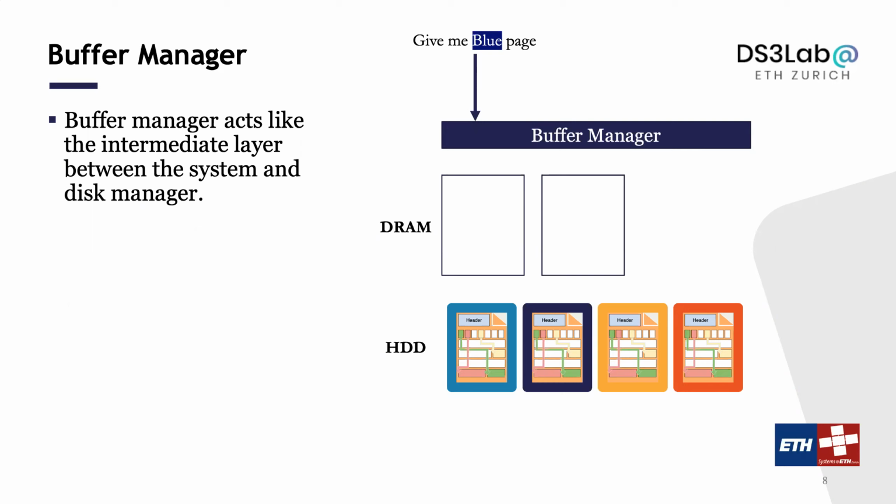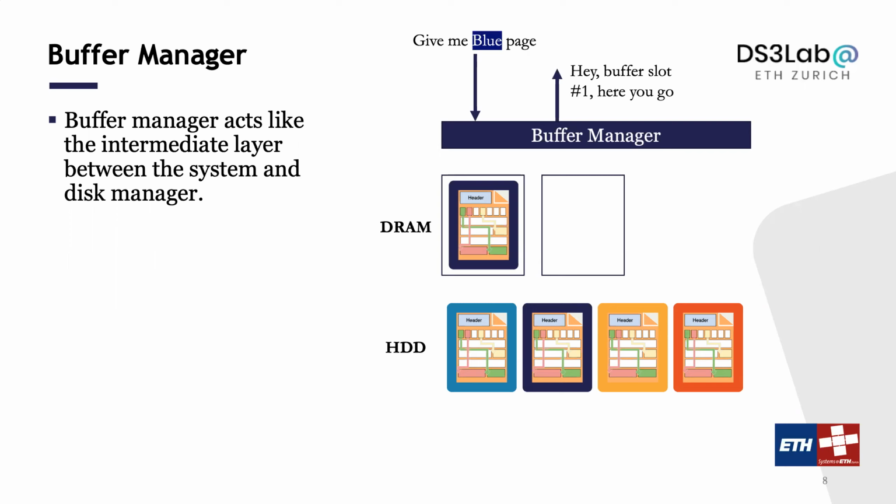If it's in my buffer, it's going to just return it. If it's not in the buffer, it's going to fetch the blue page from the hard drive to the memory buffer. It's going to take up the space of one slot. And then it's going to tell the upper layer, okay, here you go. Your blue page is in the fourth slot of this in-memory buffer.